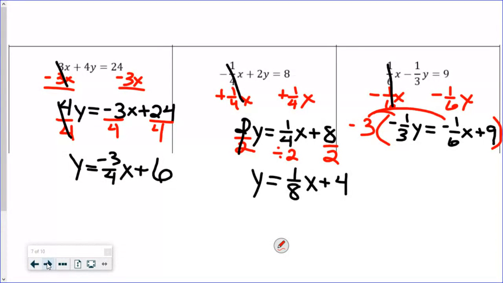I'm going to distribute a negative 3 to everything, or a negative 3 over 1, because that becomes a y. That becomes a 1/2 positive x, and that becomes a negative 27. Now, I'm not going to ask you that tricky of one. I just wanted you to see it.